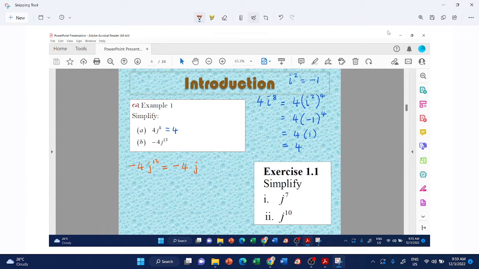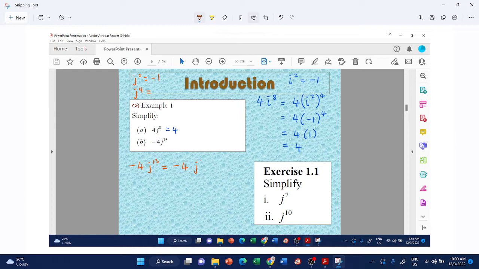No, madam. Okay, 13 because sekarang kita akan main dengan rules of indices lah. Okay, so kalau kita tahu J square sama dengan negatif 1 kan. So kalau J power 4 ni berapa? J square is negative 1.